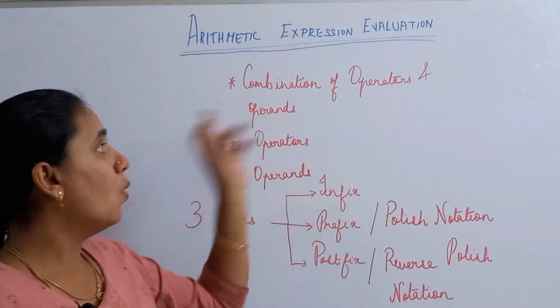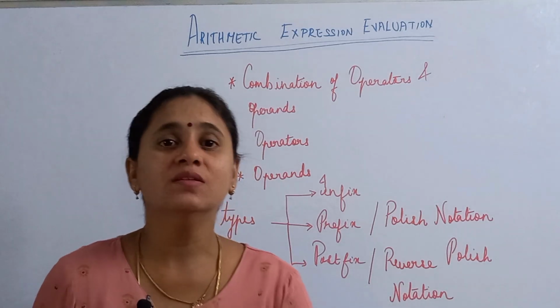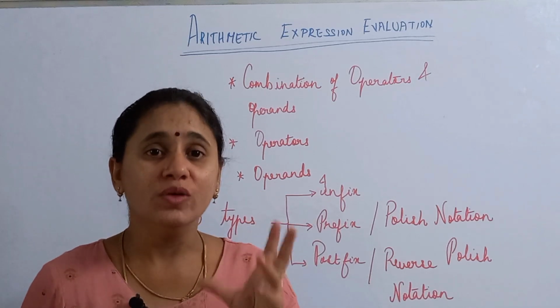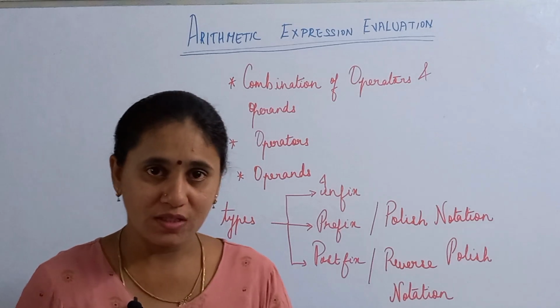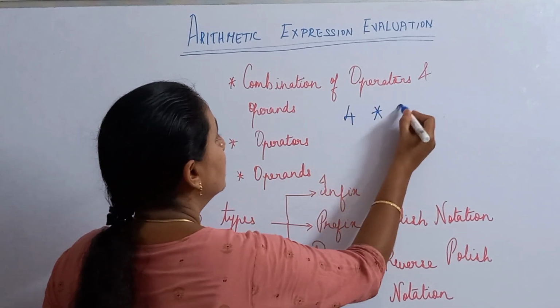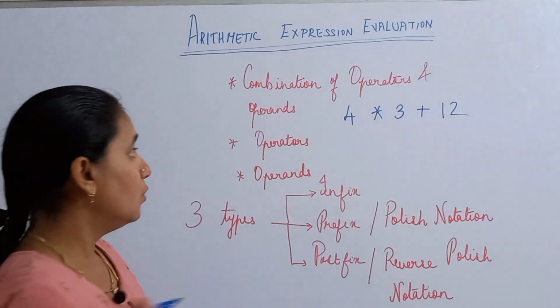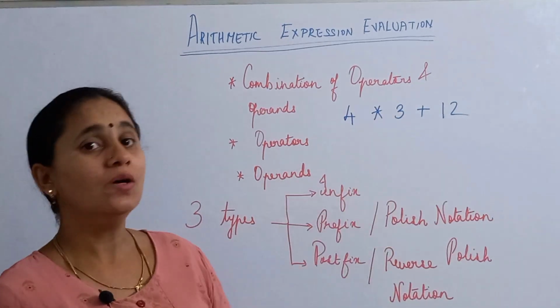Next is operands. What is an operand? An operand is nothing but the variables or the actual values involved in a mathematical expression. For example, I said 4 into 3 plus 12. Now can you tell me which are the operators and which are the operands?